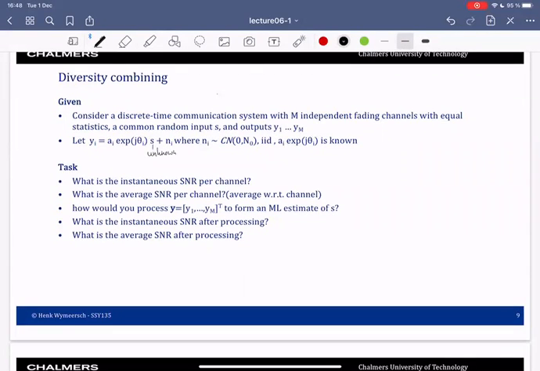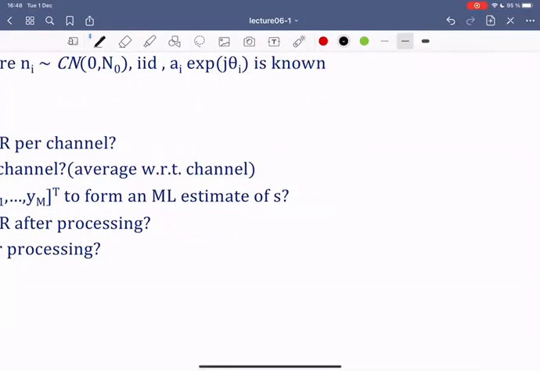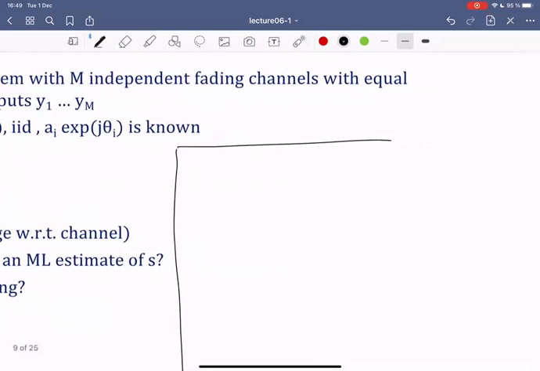So I have the solution on the next slide, but let's see if I can derive this in real time. Or at least part of the solution. Good, so we have observations yi, which are equal to, let's say, beta i s plus ni. Here beta i is ai e to the power j theta i, for i from 1 to m.